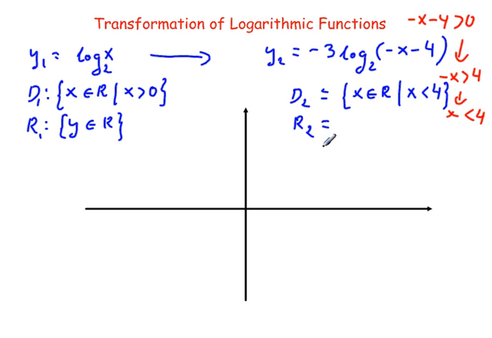But you will never have a problem or change to the range, because any logarithmic function eventually will cover the entire y-axis. So the range is real. No restrictions, so y is an element of R, and this is our domain and range.